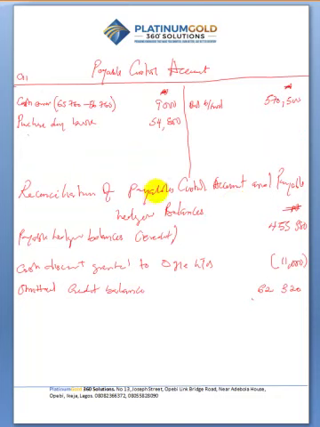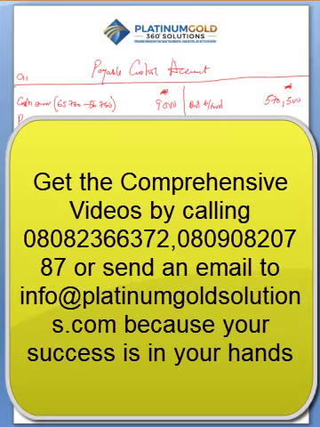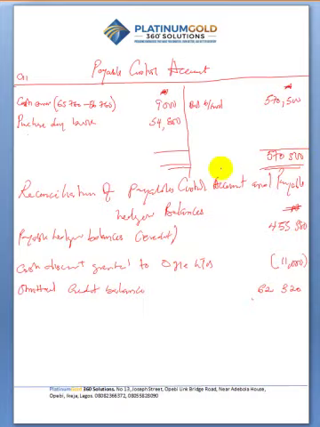Let's balance the payables. The total here is 570,500. Let's have our balance here.